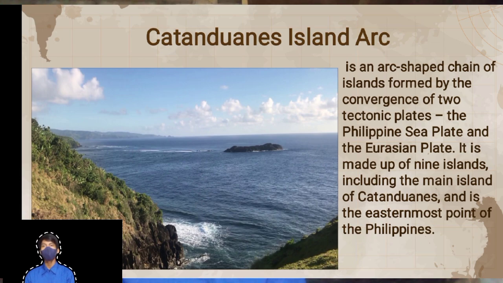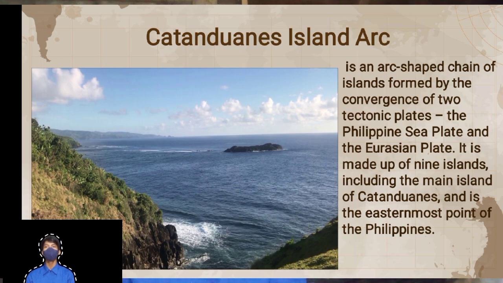The Catanduanes Island Arc is an arc-shaped chain of islands formed by the convergence of two tectonic plates, the Philippine Sea Plate and the Eurasian Plate. It is made up of 9 islands, including the main island of Catanduanes, and is the easternmost point of the Philippines.